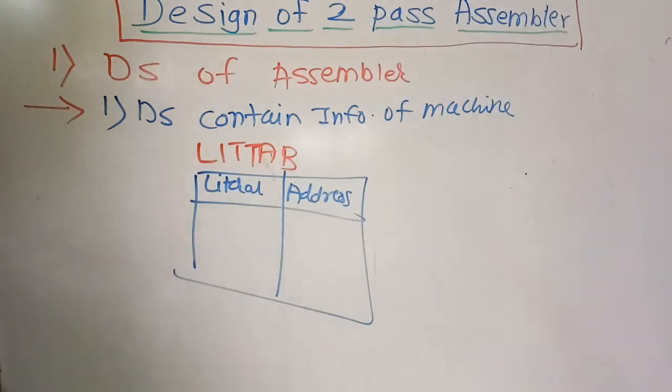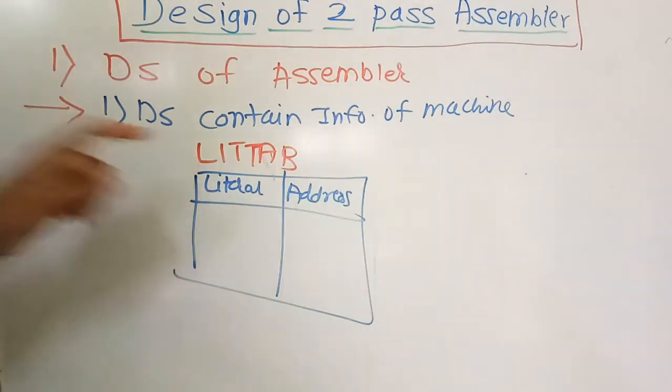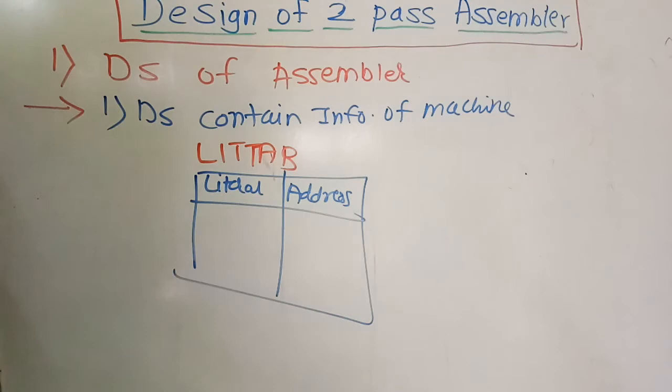What does this literal mean? These are nothing but the literals with their addresses, means location counter values, and it is mentioned as a literal table. This field is not frequently used but rarely used.